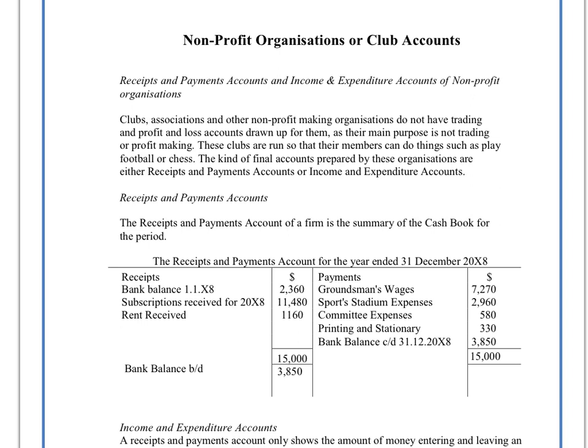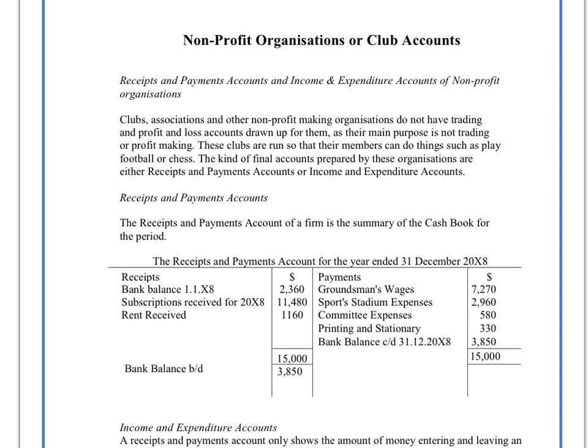Surplus just means they've got more money than they've spent, and a deficit would mean that they spent more than they actually had, in which case there would be only one solution, and that would be to get the members to pay more money in to cover any debts that the organisation would have.